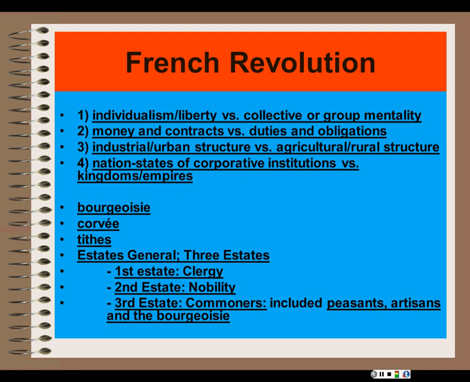If we look quickly at the French Revolution, we look at a rising middle class of merchants, a new bourgeoisie class that demanded equality with the upper class, demanded equality with the nobility. It demanded liberty, not just political liberty, but economic liberty.